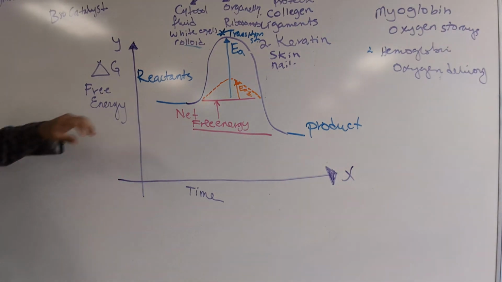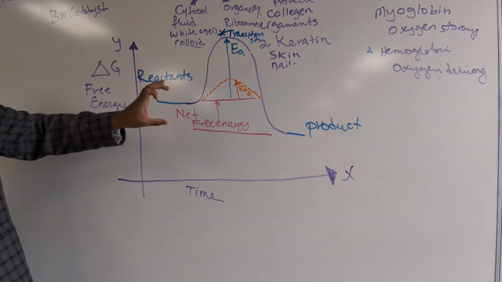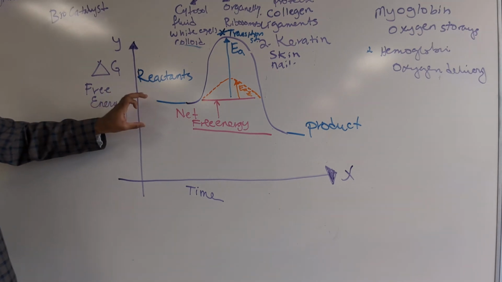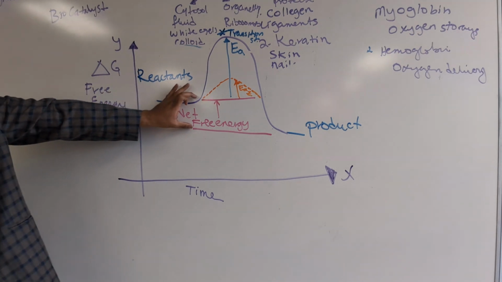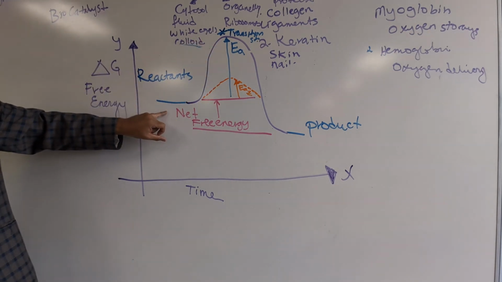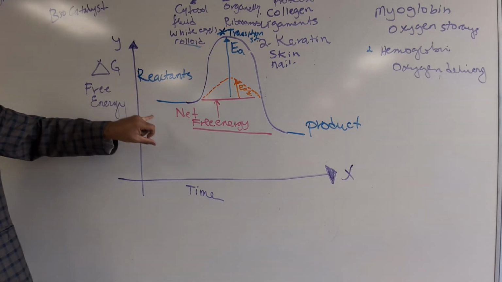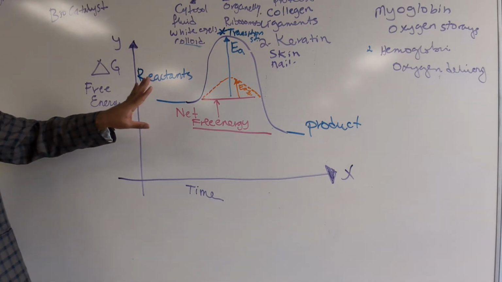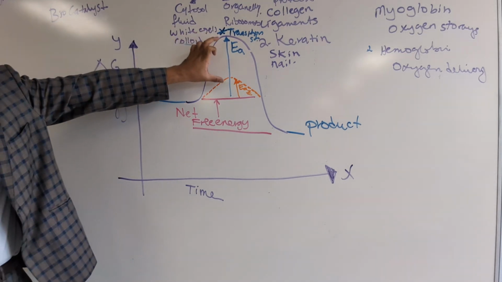But is the net free energy affected at all? It is not touched. We only lower the EA. We don't touch the net free energy. It's unaffected. What we change is the activation energy.